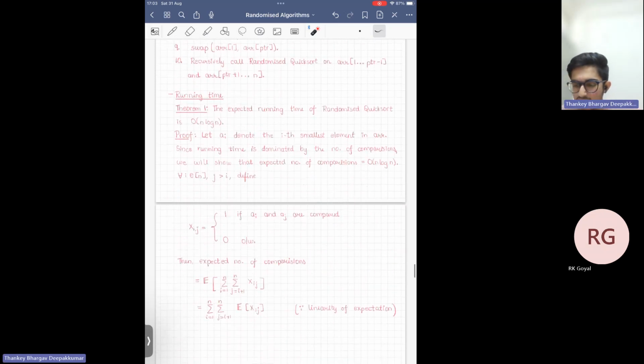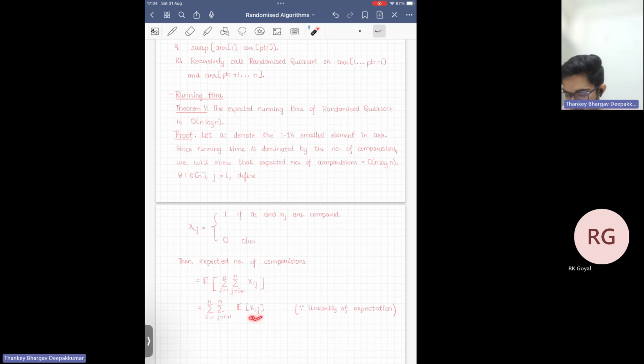We had started the running time analysis, and we argued that since the number of comparisons is what dominates the cost, it's enough to show that the number of comparisons is order n log n. To show that the expected number of comparisons is order n log n, it is enough to show that this sum is order n log n.